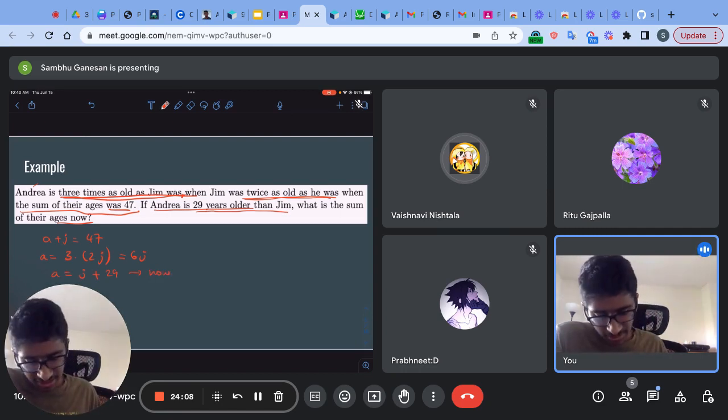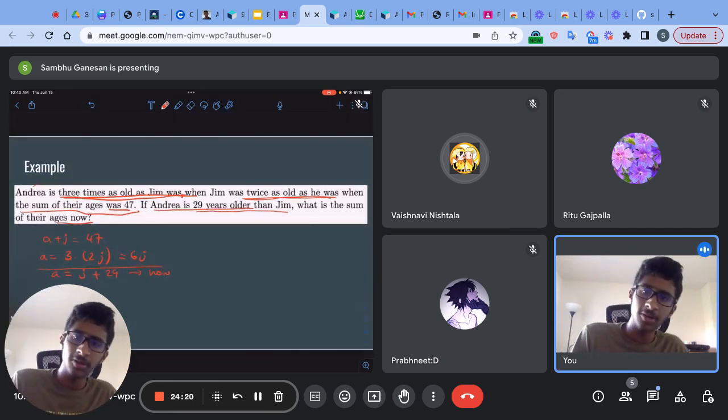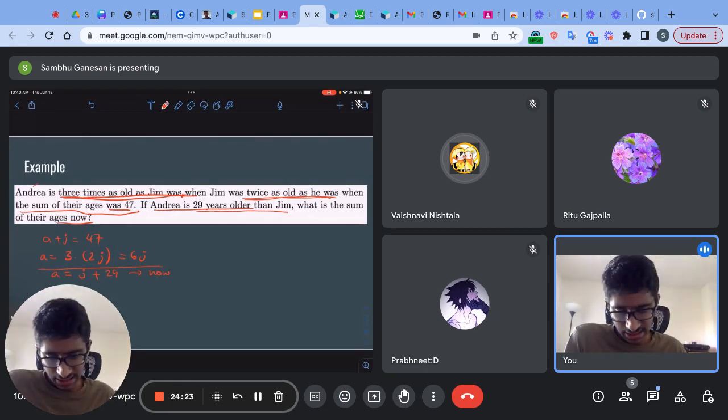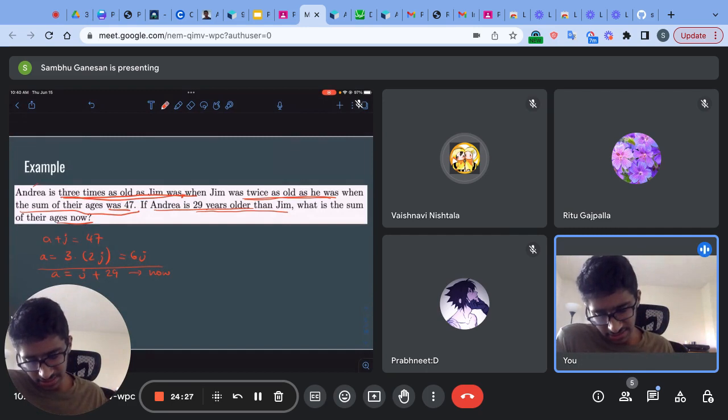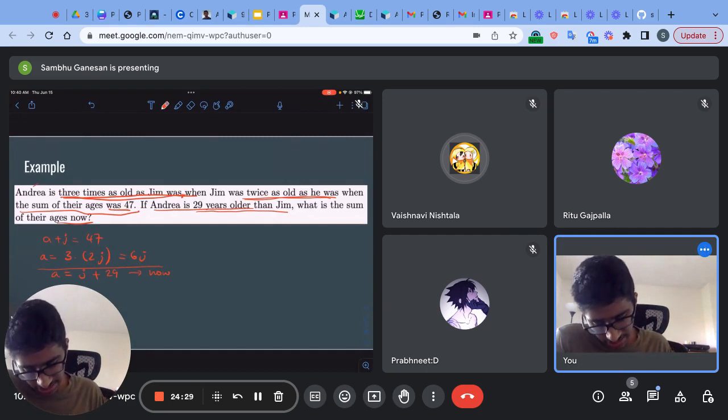So first we want to solve for A and J. Substitution is much easier here, so we don't want to do elimination. We can substitute this equation into this one. It's a bit of a messy problem, but sure.